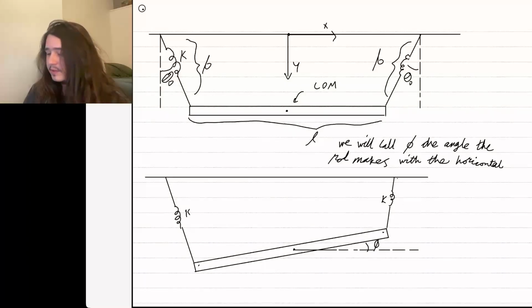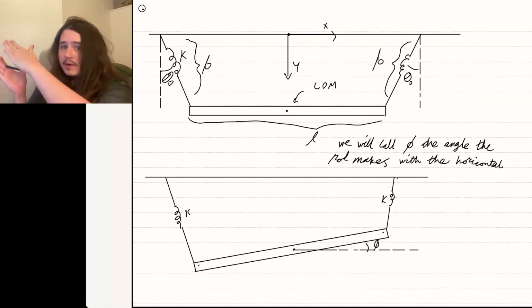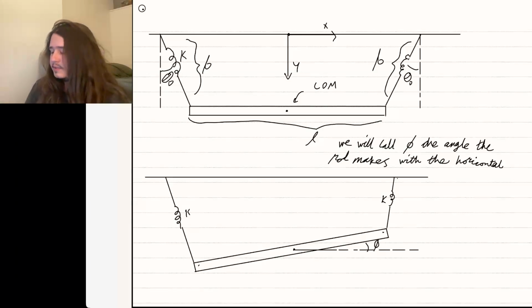Keeping in mind, we're keeping the origin of our x and y coordinates up here in between the anchors of the springs, and we're defining the angle phi to be the actual angle that the center rod is making with respect to the horizontal axis as it rotates. That way you can easily set up a Lagrangian for that.